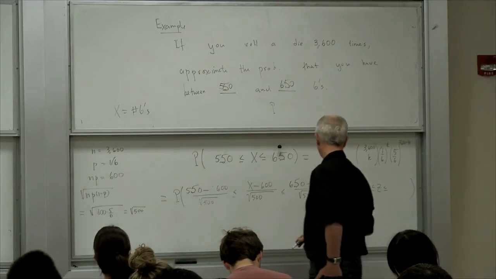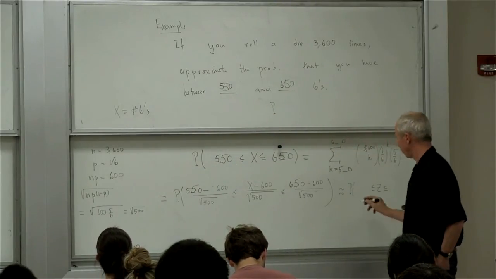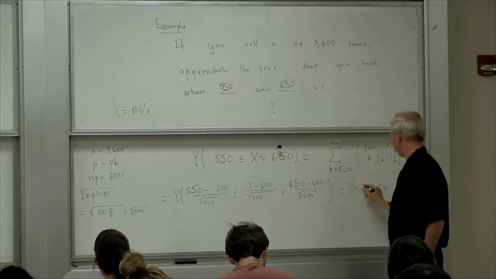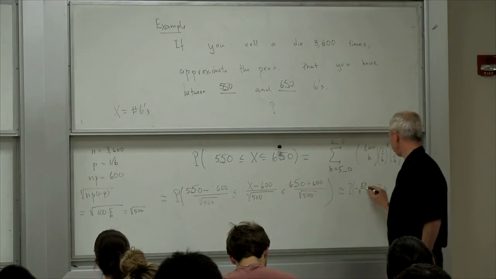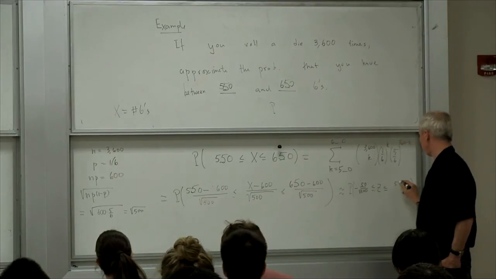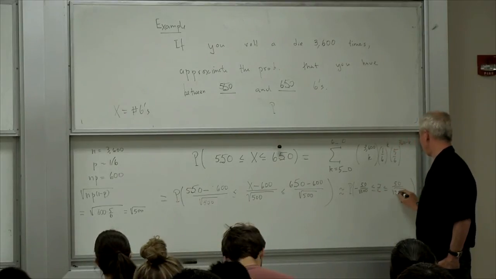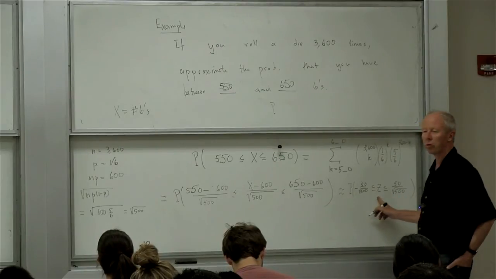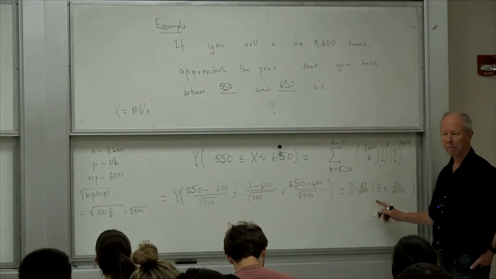Okay. So on the left, we'd get minus 50 over the square root of 500. And on the right, we'd get 50 over the square root of 500. And Z is a normal random variable with mean 0 and variance 1.